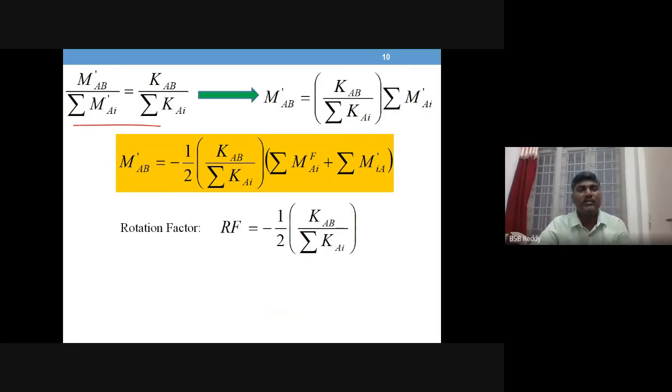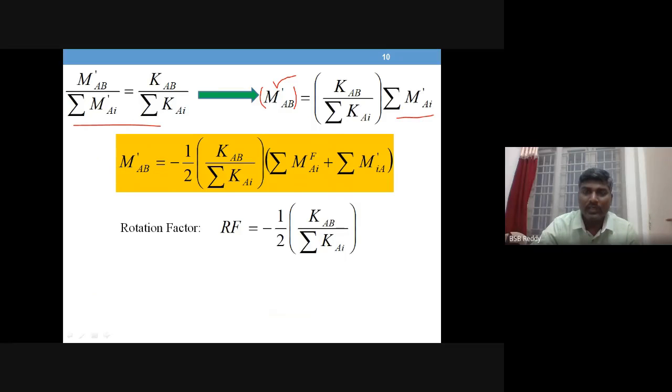So M dash AB by sigma M dash AI is equal to KAB by sigma KAI. So M dash AB is KAB by sigma KAI into sigma M dash AI. Why have we written it like this? Because we want this value to know how you calculate rotation contribution.